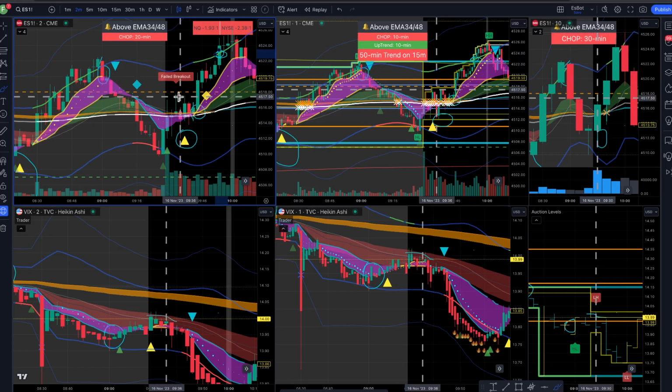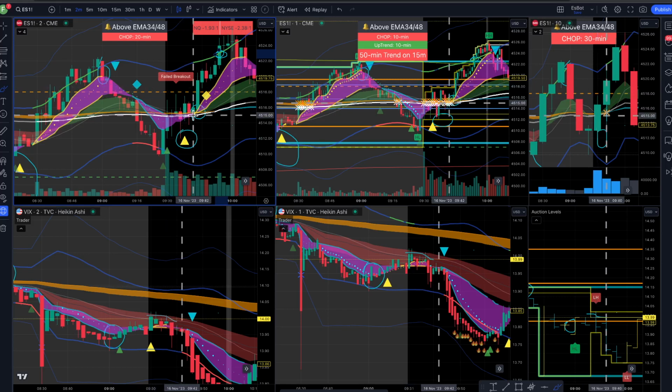If you have runners, it should be in a way that you could never lose money on them. So you shouldn't be afraid to keep runners, because you've taken most of your profits already, and your runners cannot lose money because you have a stop loss. Okay, and then you just say, let it ride, and let's see if we get lucky. Sometimes you do, sometimes you don't. Does that make sense?